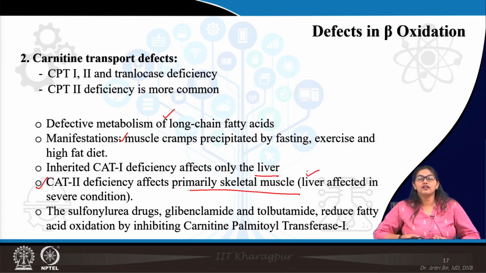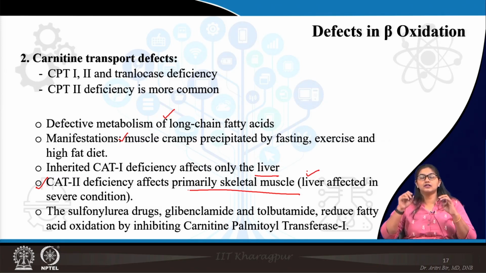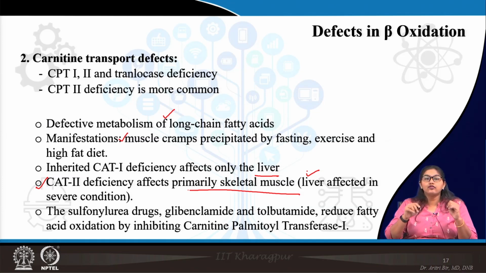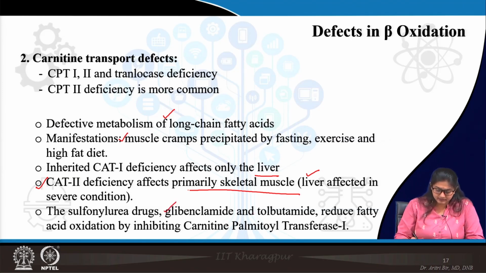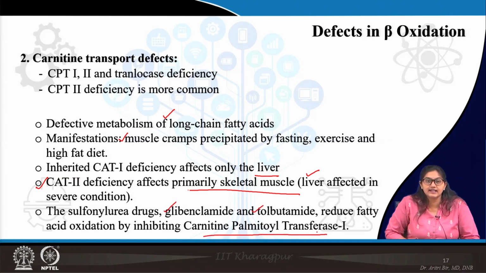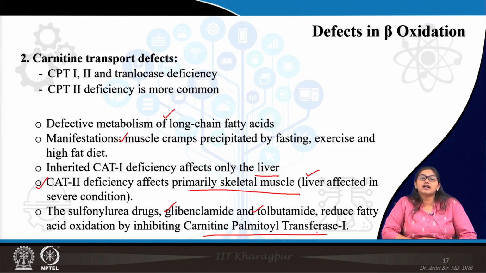These are the primary deficiencies, but apart from that, a few acquired conditions inhibit the transporters, like sulfonylurea drugs, which are anti-diabetic drugs like glibenclamide and tolbutamide. These inhibit the carnitine palmitoyl transferase 1 enzyme. This carnitine palmitoyl transferase 1 inhibition causes a defect in beta oxidation.